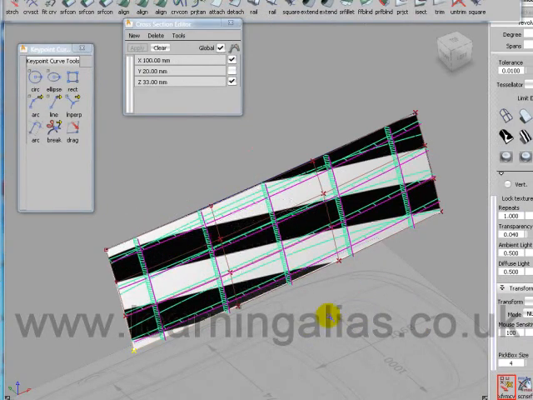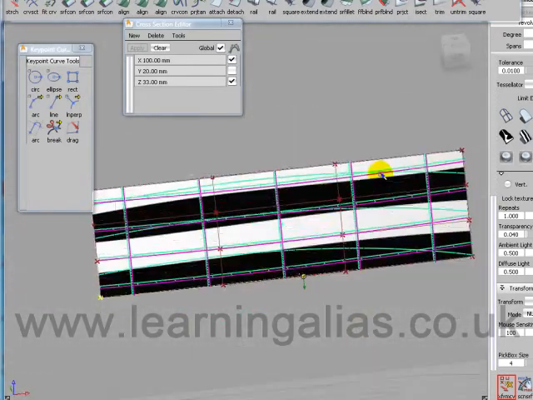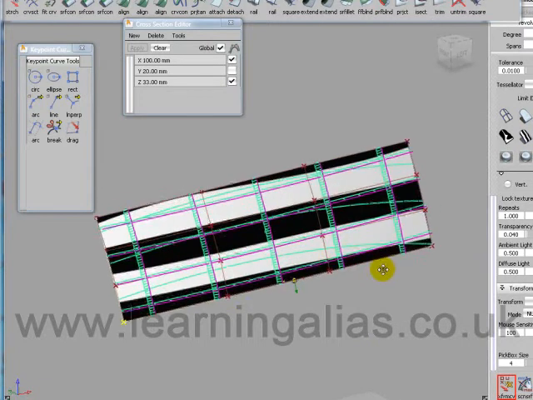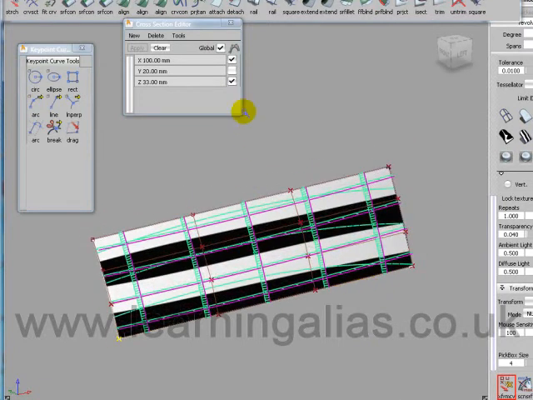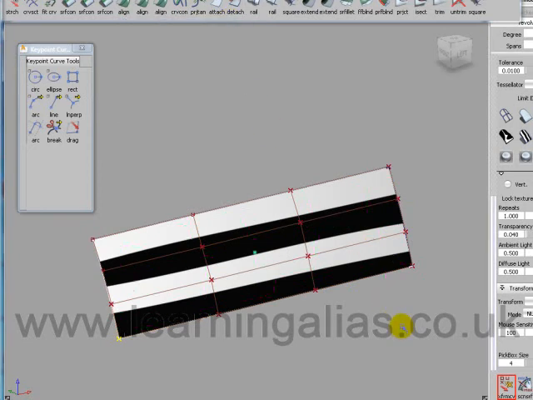We'll check with our cross-section editor again, and now we see we have a really very symmetrical surface, which is very nice. We don't need that anymore.